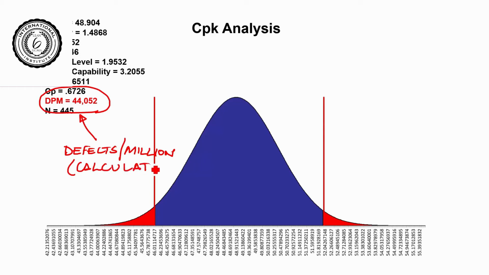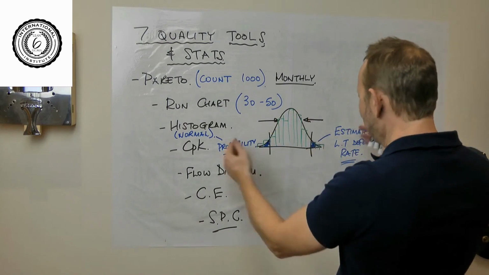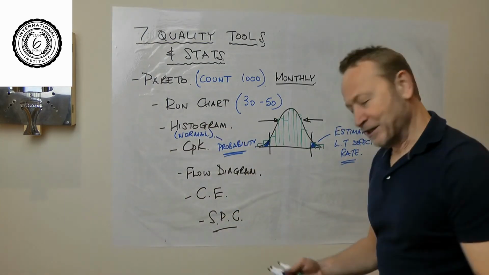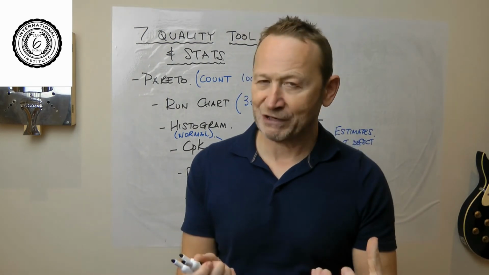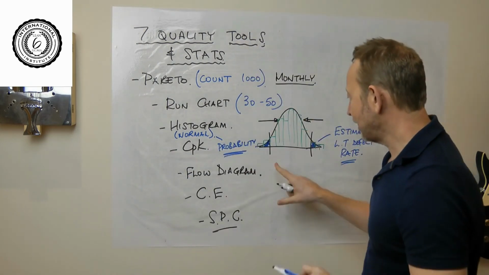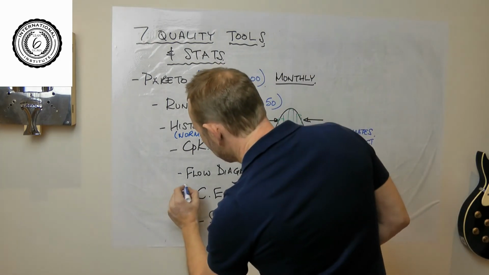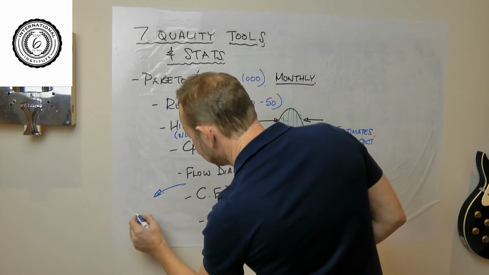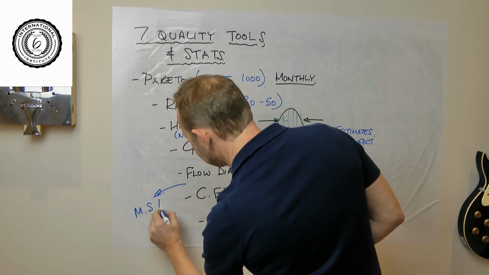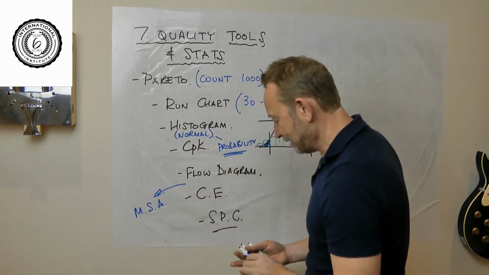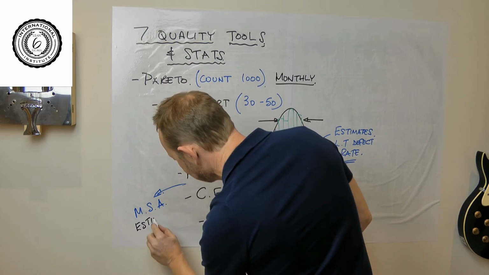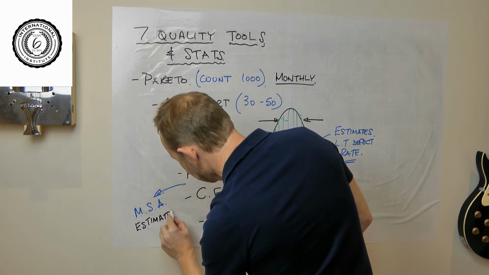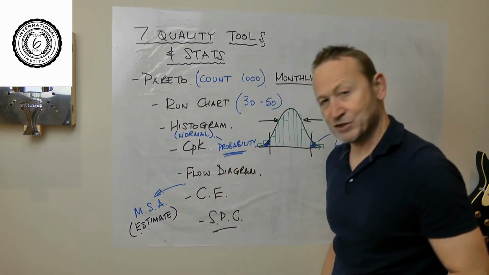Okay, what else is going on? Well, once we get the problem now and we're trying to squeeze this thing in, there's other statistical tools that I might draw on. So I've just drawn the 7 quality tools here, but once I get to this point, one of the tools that I might draw on here is measurement system analysis. In other words, how good an estimate does my measurement system give me?